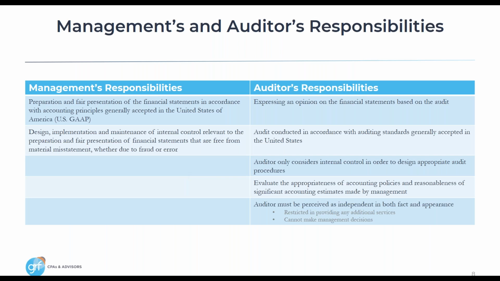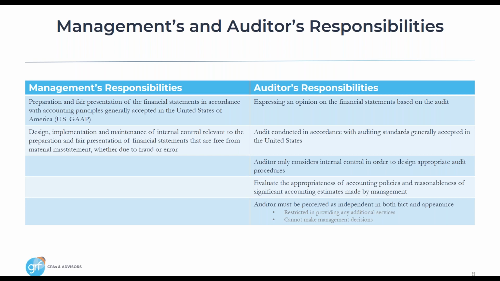The next slide here gives a nice overview of what the auditor's responsibility versus the management's responsibilities are when performing the audit. It is very important that members of the board of directors understand the differences noted in the slide.